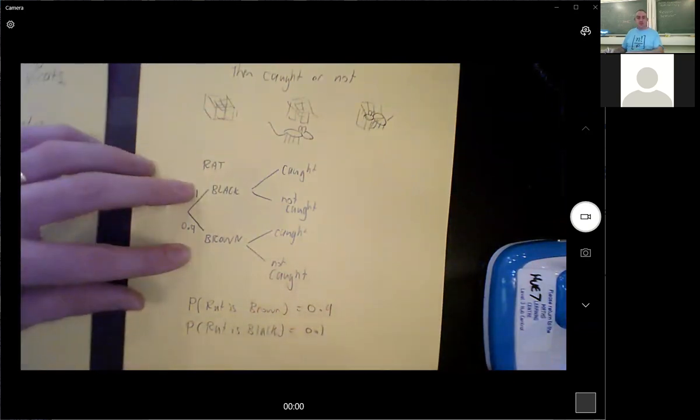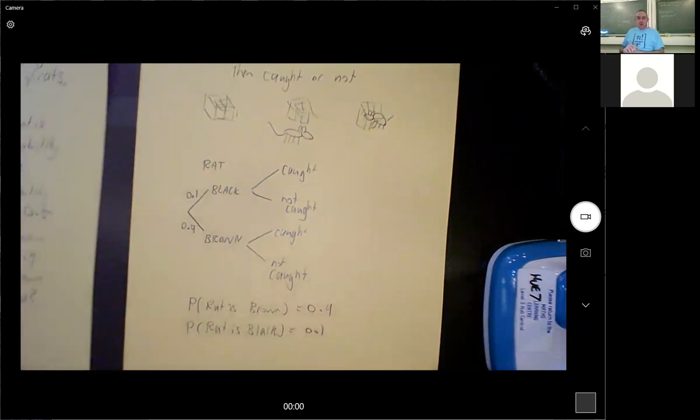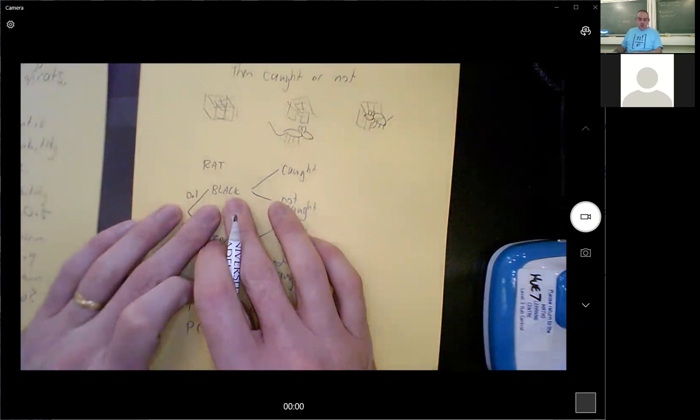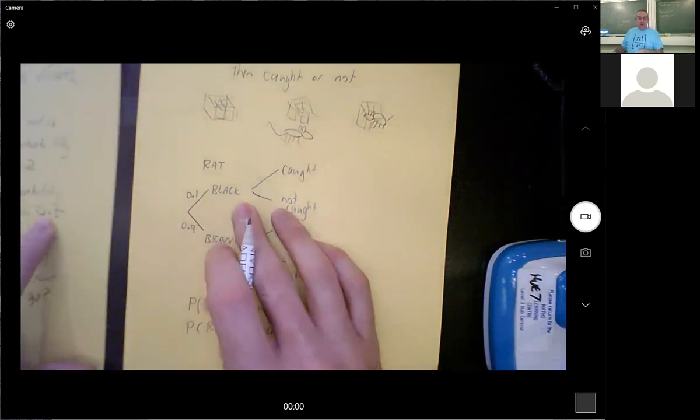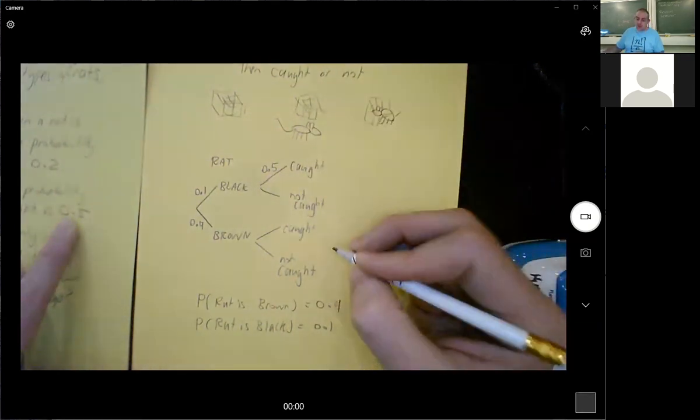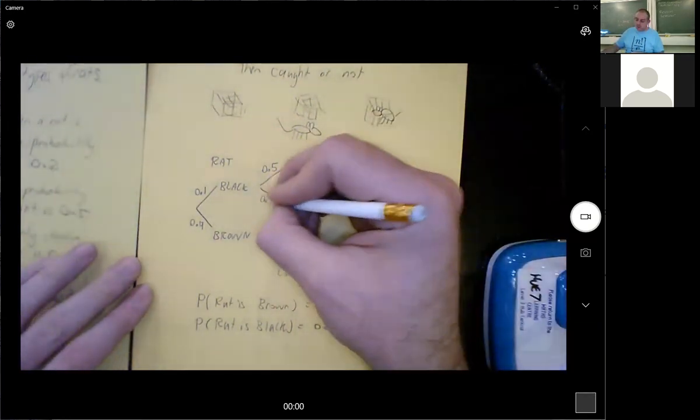That's this part here. And then the probability that the rat gets caught is 0.5, it says. And so that means the probability that it doesn't get caught is also 0.5.